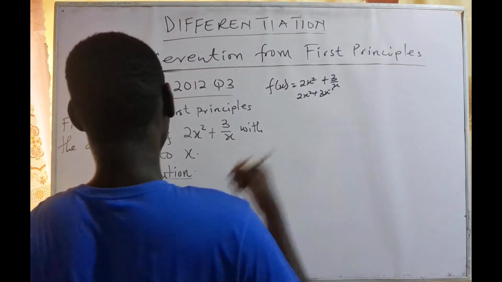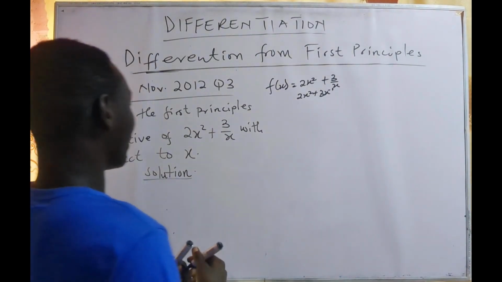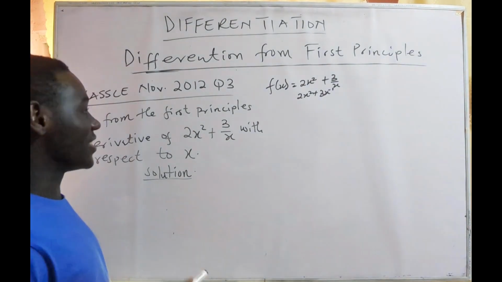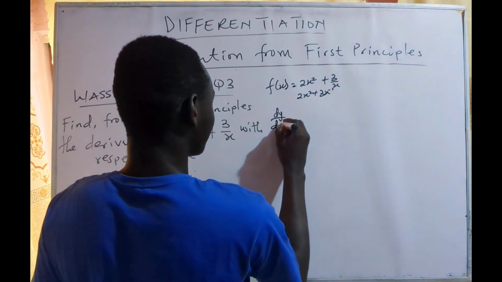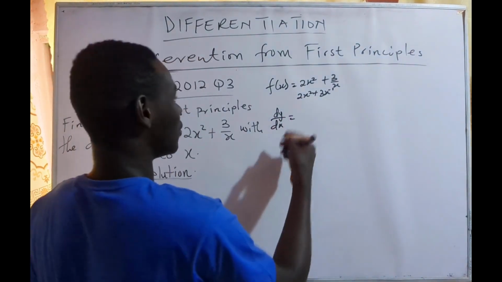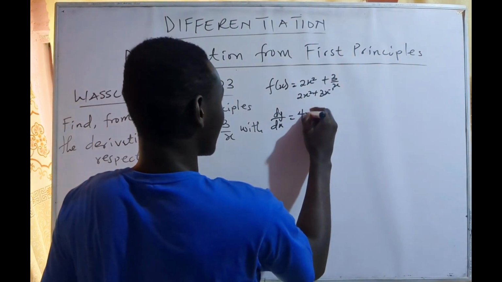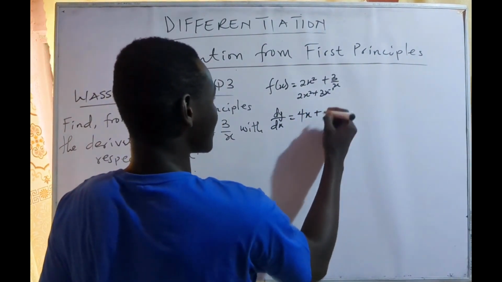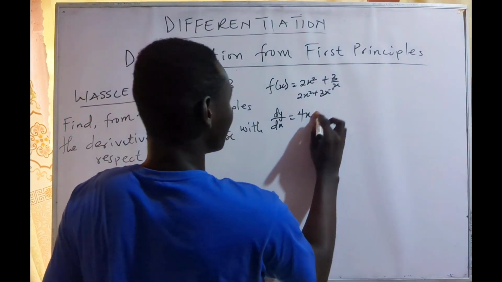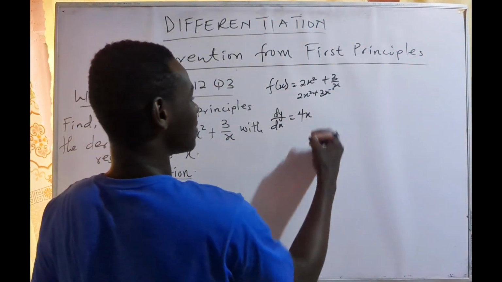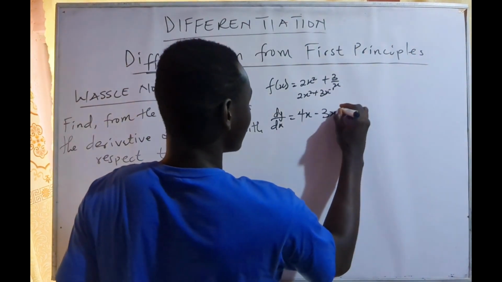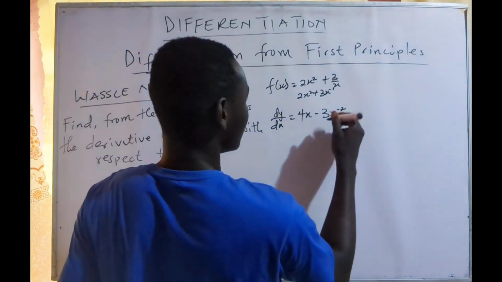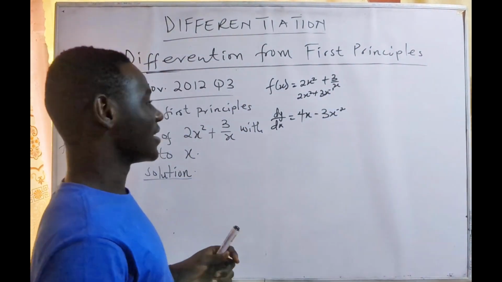So here, by using the normal way of differentiation, we can say dy dx is equal to 4x plus -1 times +3, -3x^-2. That's -1 minus 1.